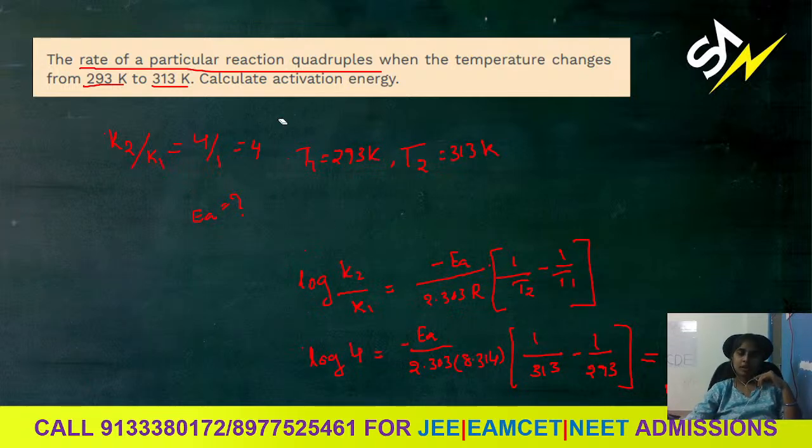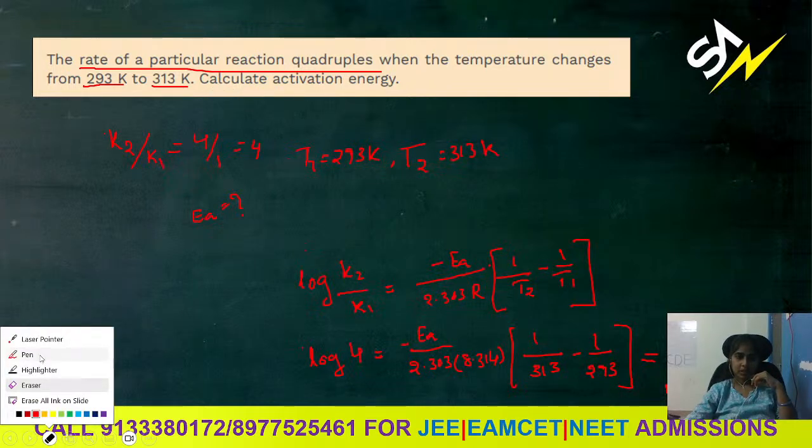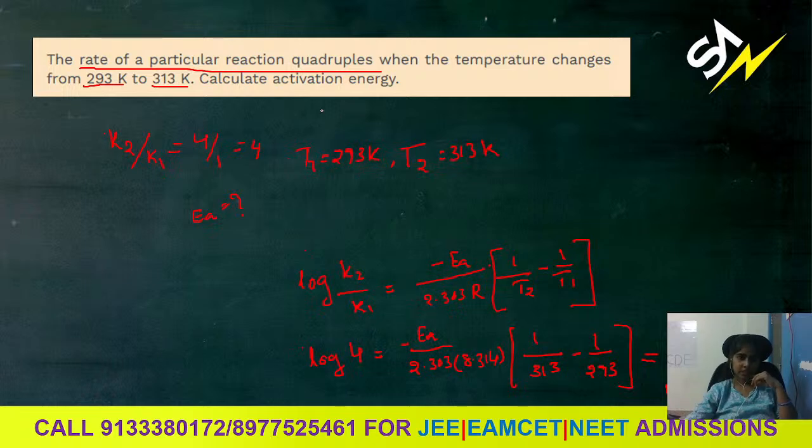Let's go through a simple preview. They are asking to calculate activation energy, right? In order to calculate activation energy, we need to take the Arrhenius equation. What type of Arrhenius equation? One in which two different temperatures and two different rate constants are there. So this is the formula for the required answer.